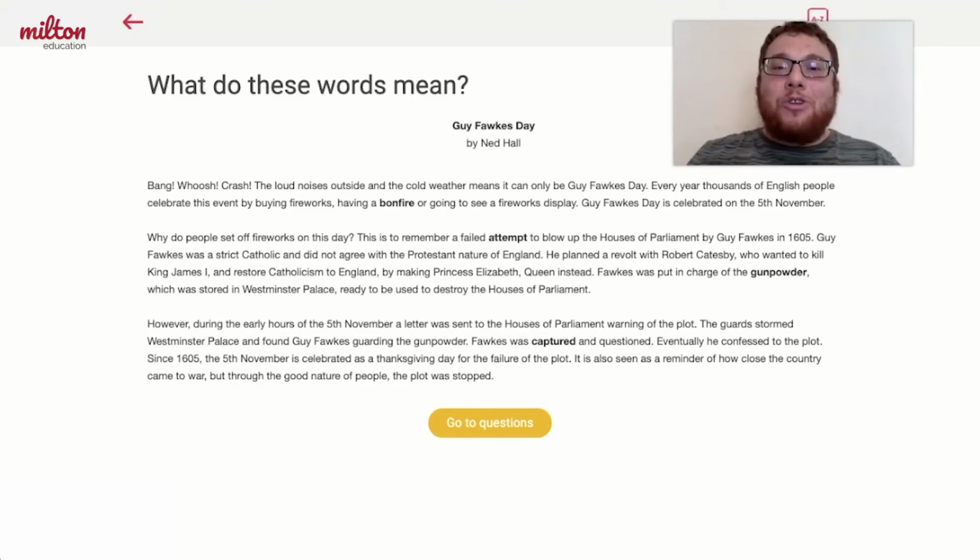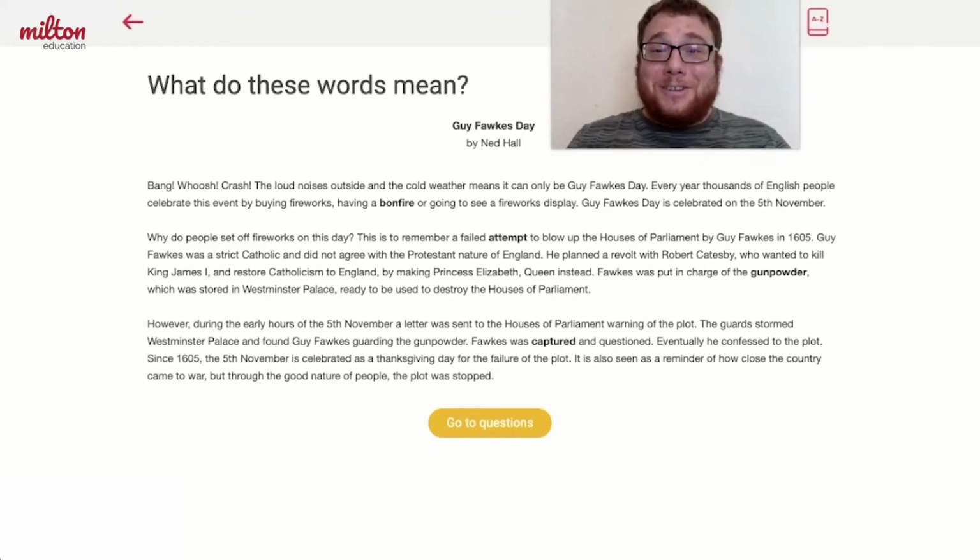The loud noises outside and the cold means it can only be Guy Fawkes Day. Okay, it's clear we are talking about loud things and something cold. And that means when there are loud noises and cold something, it's Guy Fawkes Day. So we don't really need the word weather to understand the sentence.